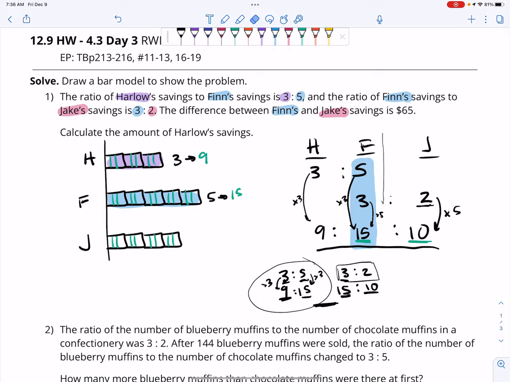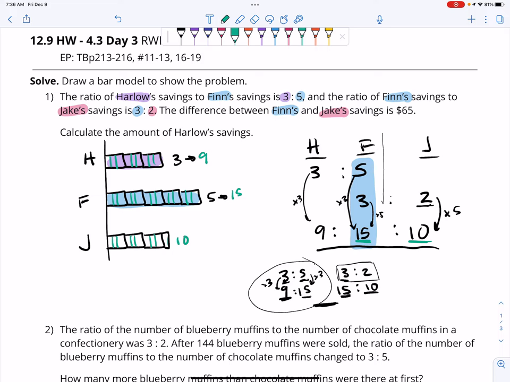Get rid of that. So if I only have this amount here, that's 4 groups of 3, which is 12. So that's too many. So I'm going to get rid of this. And that right there looks like it is now going to be, those are 10 groups of the small unit bars.